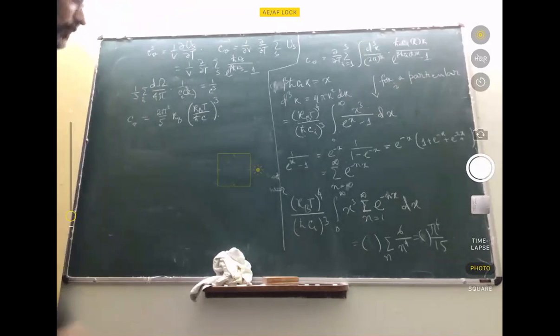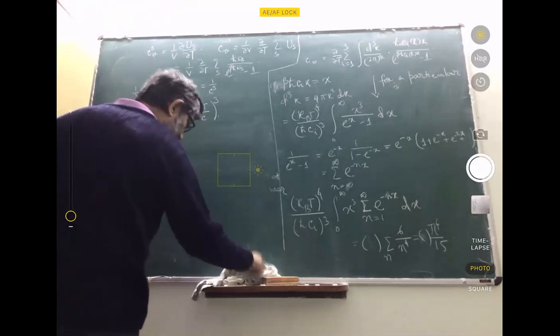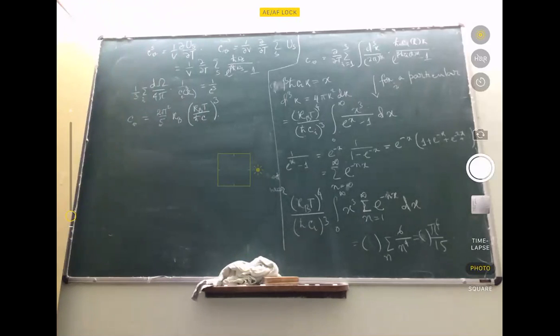Okay, so we have done the high temperature limit, we have done the low temperature limit. In the high temperature limit, we got the classical result as the dominant contribution, so that is understandable. And in the low temperature limit, we got what is observed experimentally, the T cubed behavior. But how high is really this high?